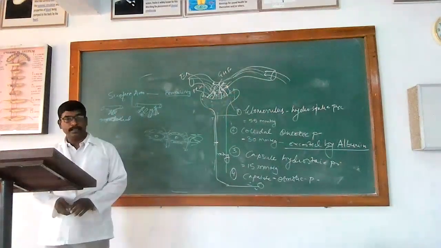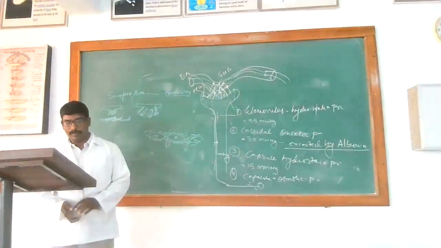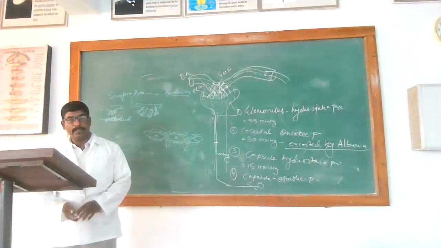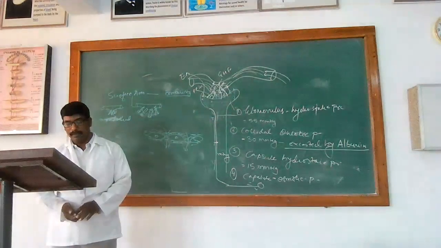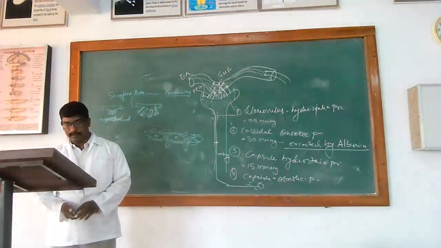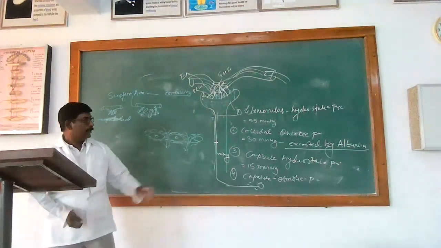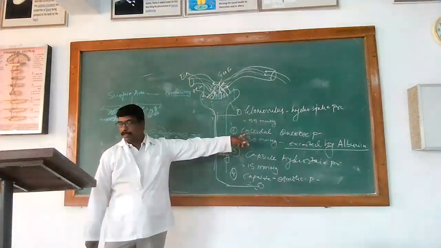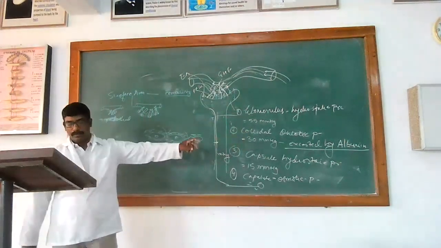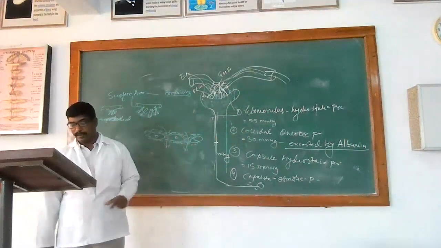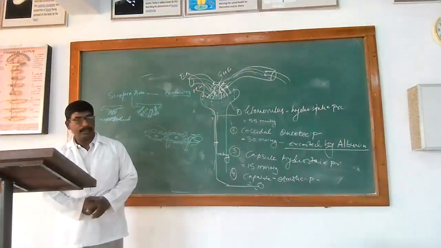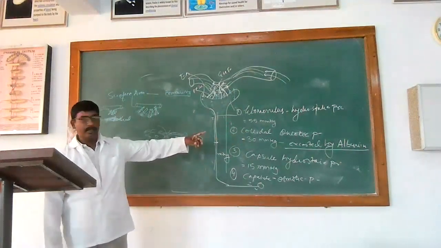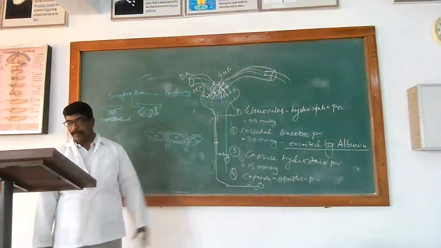What happens to the colloidal oncotic pressure? When there is an increase in protein, as in multiple myeloma, there is an increase in colloidal oncotic pressure. When there is a decrease in protein concentration, there is a decrease in colloidal oncotic pressure.